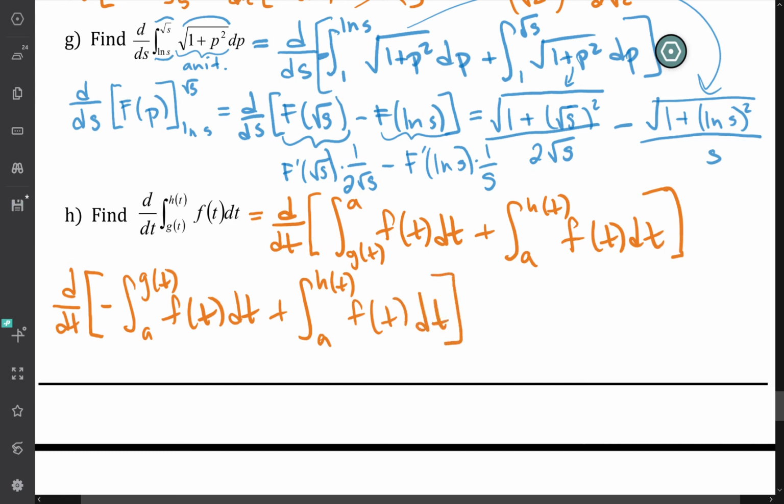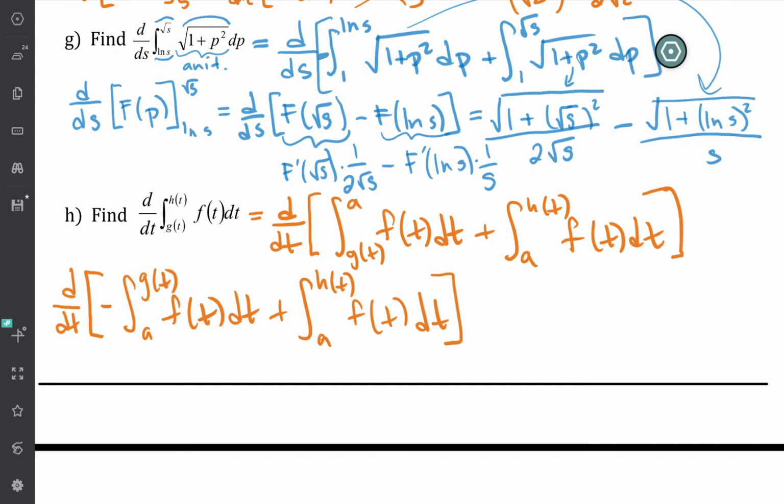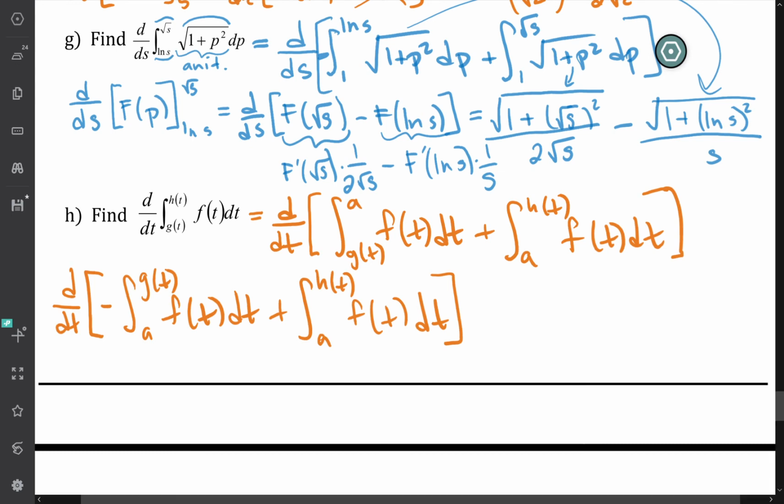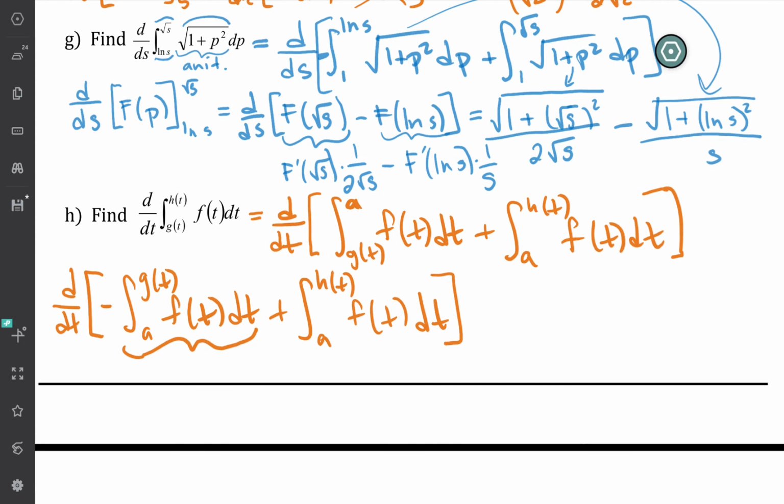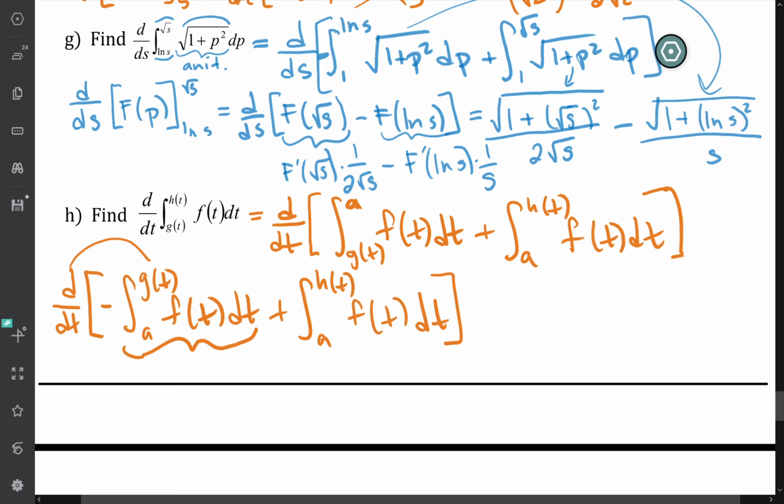And then we're basically using the thought process we did above. This is an antiderivative of little f. So when we take its derivative, we're going to get back to little f. So the derivative of the antiderivative just gets us back to little f.